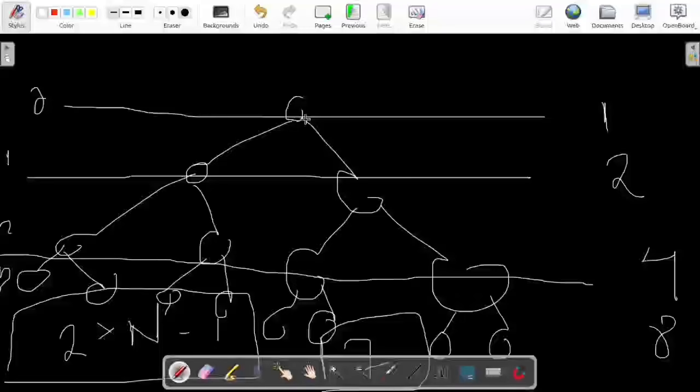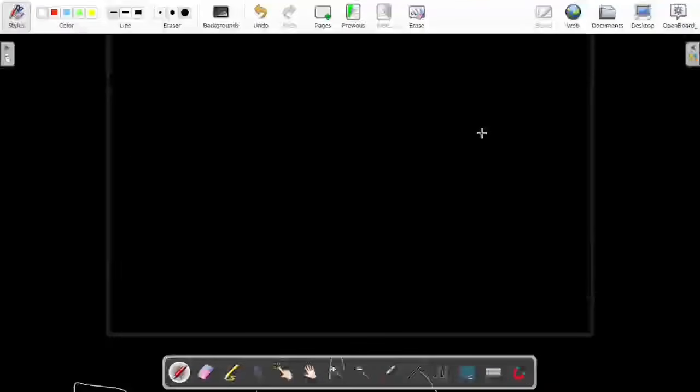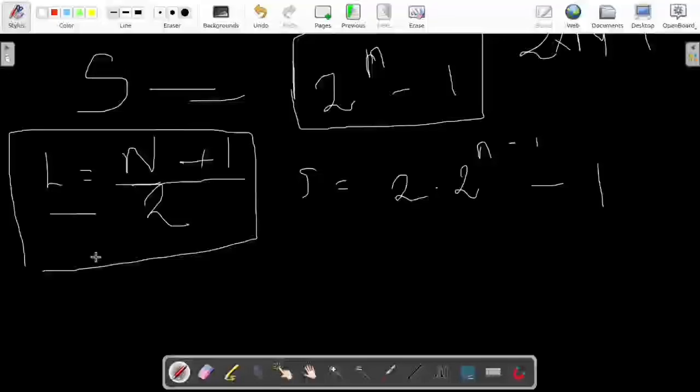Total number of nodes here: 1, 2, 3, 4, 5, 6, 7, 8, 9, 10, 11, 12, 13, 14, 15. And leaf nodes are 8. Total number of nodes 15 plus 1, divided by 2, is 16 divided by 2, which is 8. Okay, fine. So this is the formula for the number of leaf nodes.